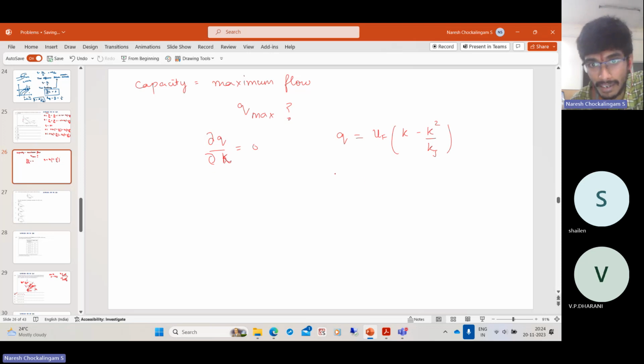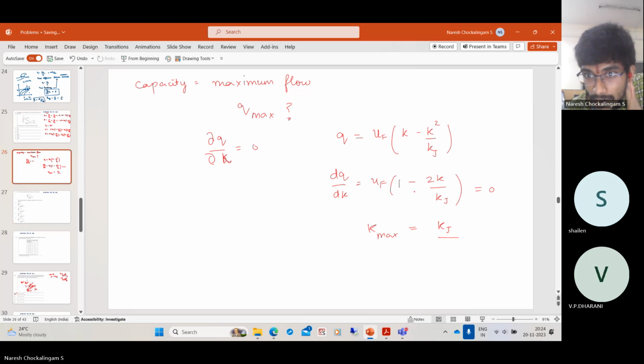If we do that, dq by dk is equal to UF times 1 minus 2k by k jam is equal to 0. So what is the density corresponding to maximum flow rate? It is kj by 2.